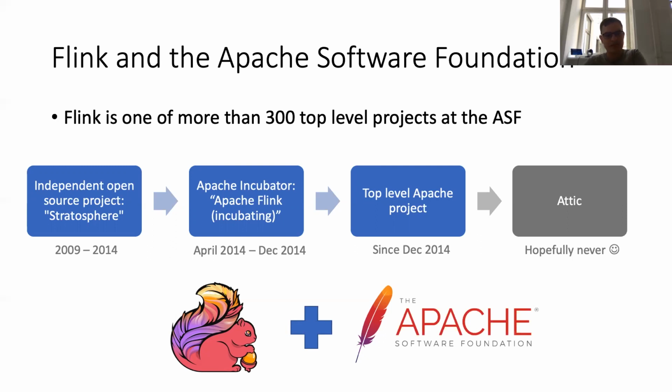And since December 2014, Flink is allowed, in an Apache sense, to make official releases and to be an independent project that is mostly controlled by the project management committee. Some projects will eventually die, and this is when they move into the attic, where Apache projects' source code and documentation and so on is stored.